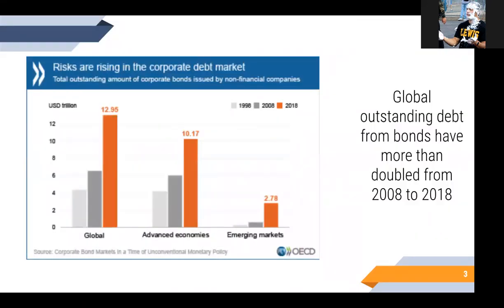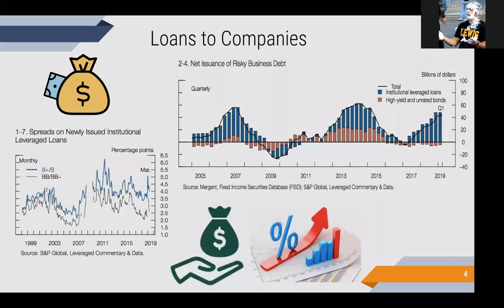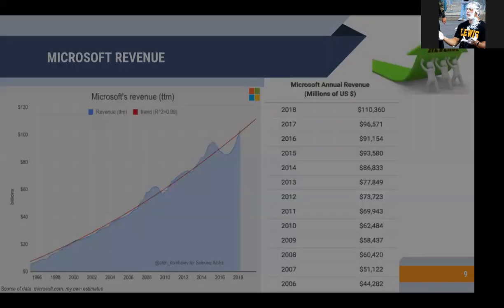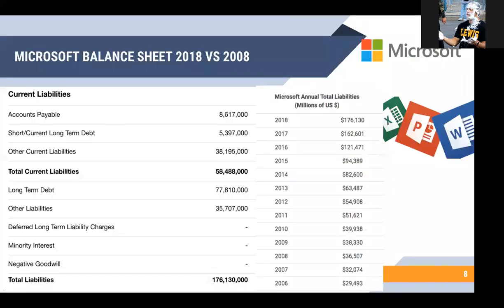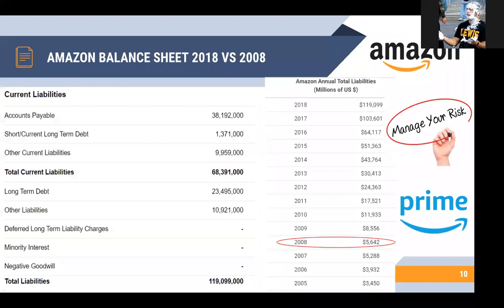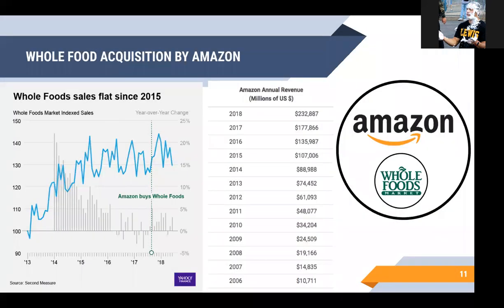Then we did the bond market. Now all of a sudden we're getting over here to Microsoft expenses of liabilities, Microsoft's revenue. Then we talk Amazon's liabilities. Then we're talking their acquisition of Whole Foods in 2017, 2018. I don't see the parallel, right? I don't see where those things all correlate.